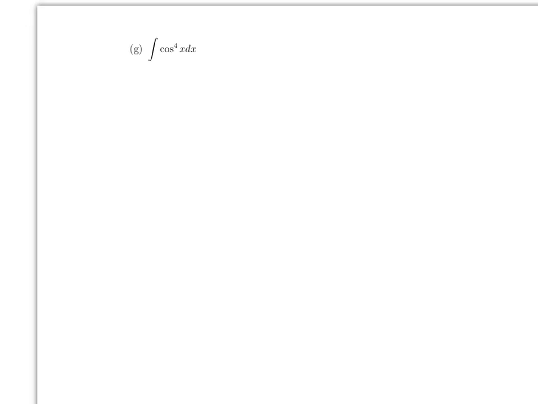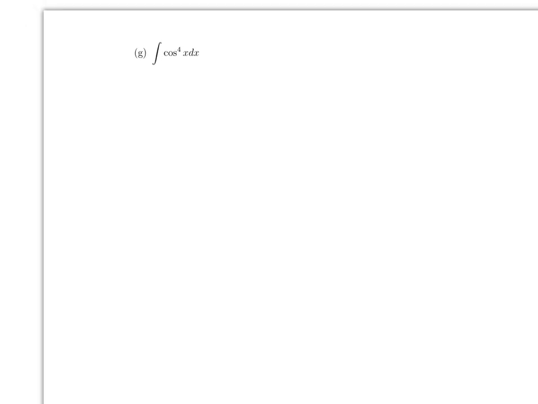And then finally, for this problem, recall cosine squared theta is equal to 1 plus cosine 2 theta over 2.